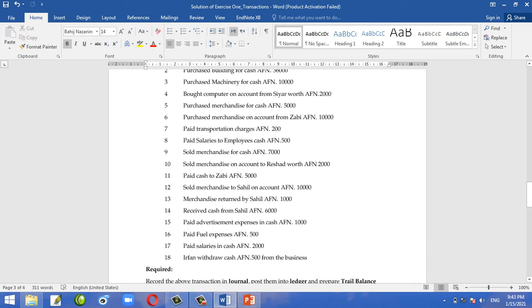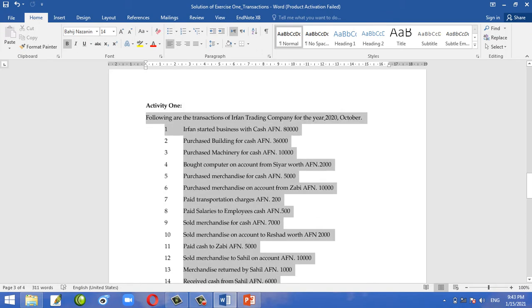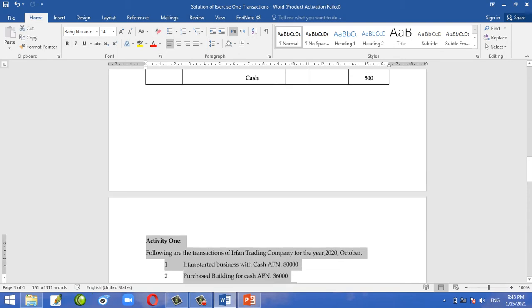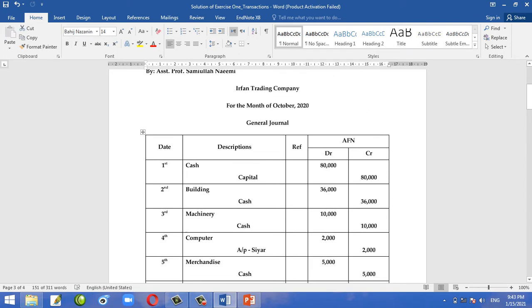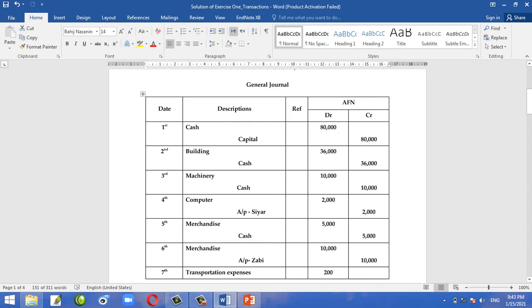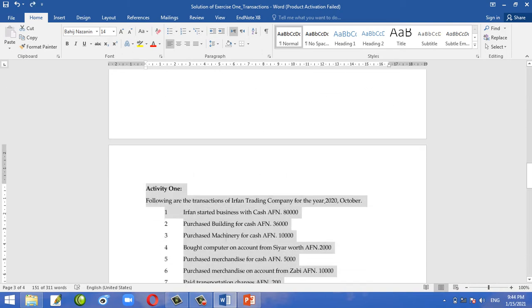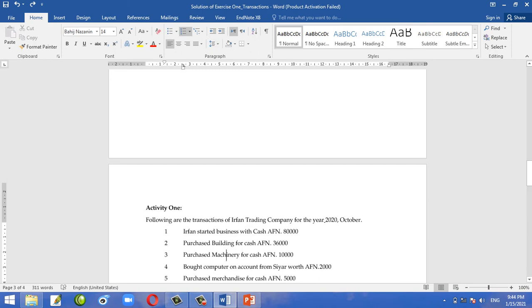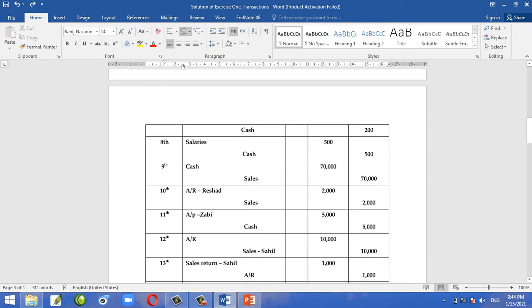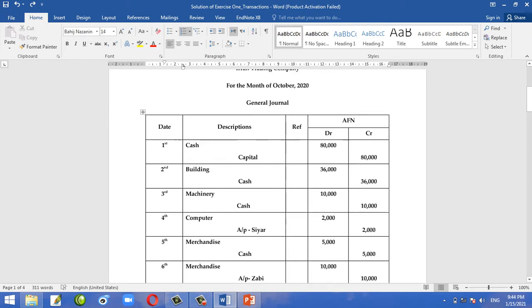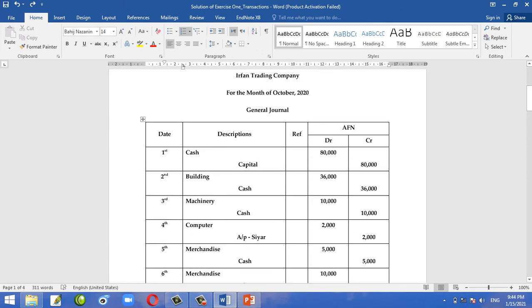We recorded all these 18 transactions in a general journal, and it was the solution of the following transactions. Now come to the first one. We had a transaction that Irfan started business with cash of Afghanis 80,000. So from one side we had the capital, and from the other side we had the cash.